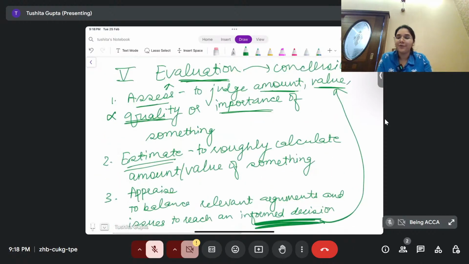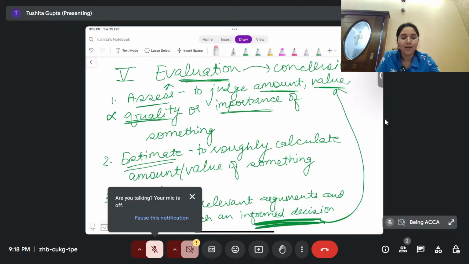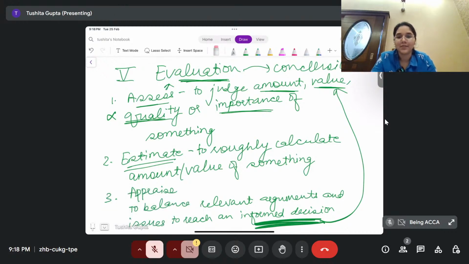Do let me know if you people have any queries. Otherwise, we are going to have a live session tomorrow as well, where I am going to do the most awaited thing, which is the debrief of the pre-seen material of SBL March 2025 exams.